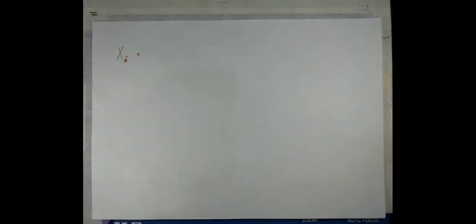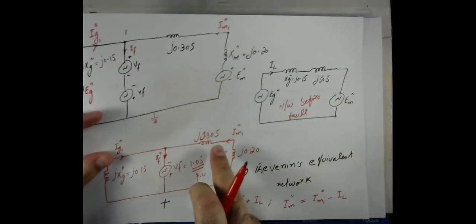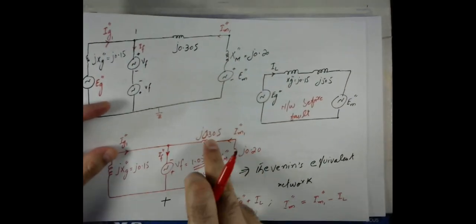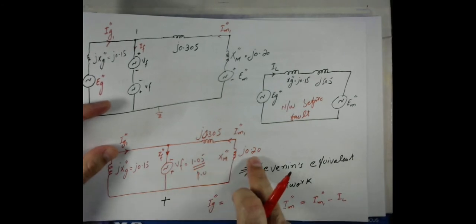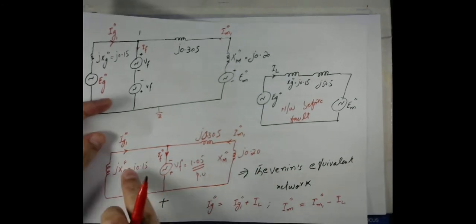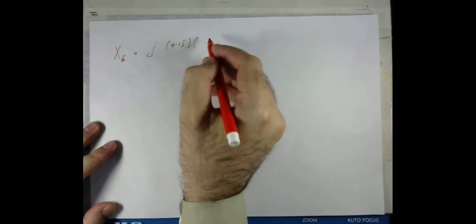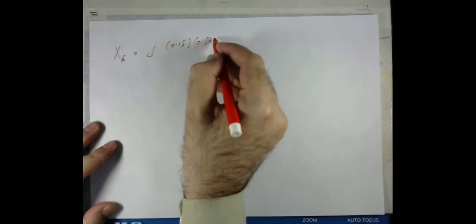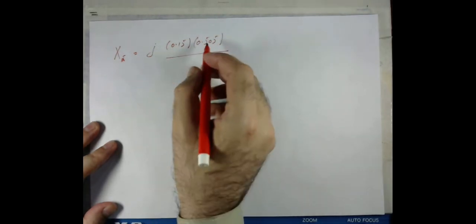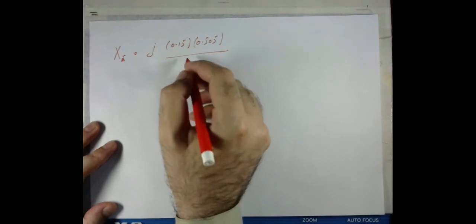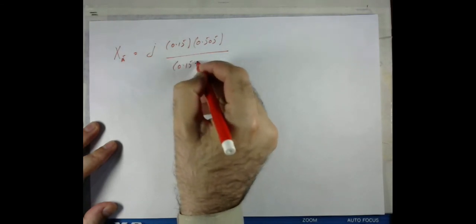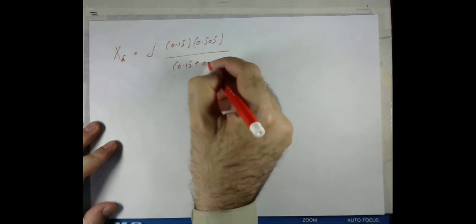if I add these two, it will become 0.505. If one adds these two, it is 0.305 and 0.2, so that will become 0.505, and this is 0.15. So now the Thevenin equivalent reactance will be equal to J, and by the parallel rule, we multiply the two and then add the two in the denominator, so that will be 0.15 plus 0.505.